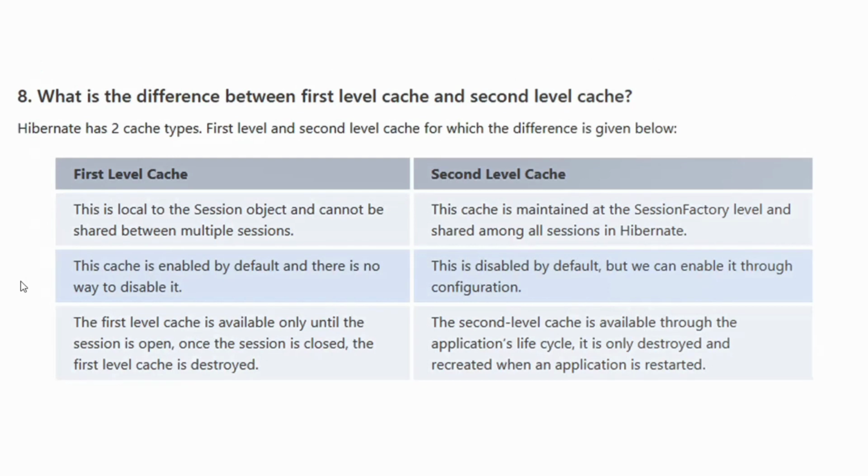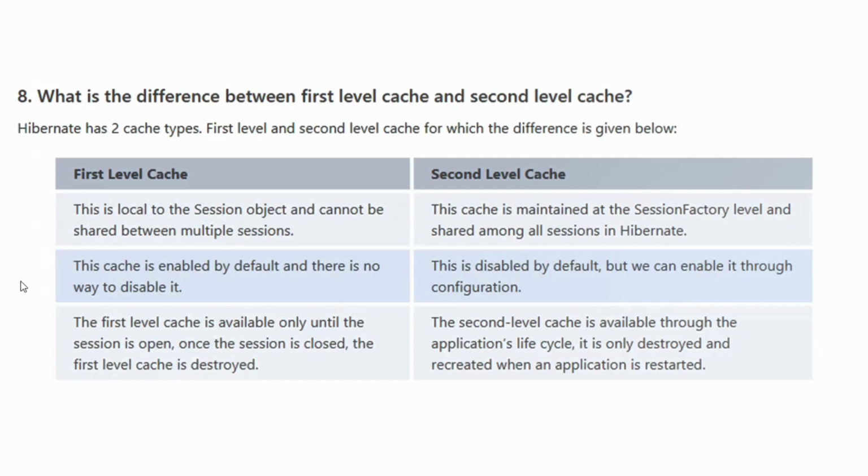Next one, what is the difference between first level cache and second level cache? Hibernate has two cache types, first level cache and second level cache. First level cache is local to the session object and cannot be shared between multiple sessions.